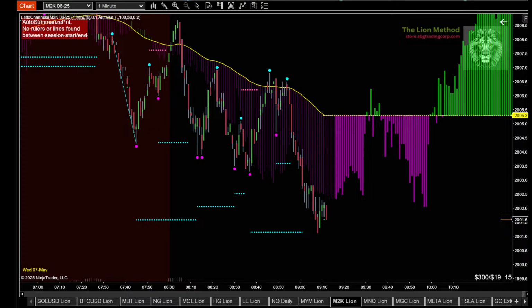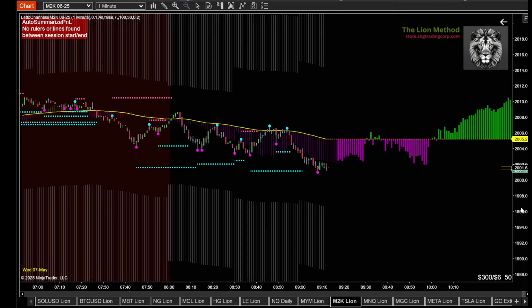So we're going to dive in here to the Lion Method again. Now, the Lion Method is a very simple scalping approach. First of all, a market has got to be overbought or oversold, and we use a scientific approach to determine that. It's called the Leto Channels.